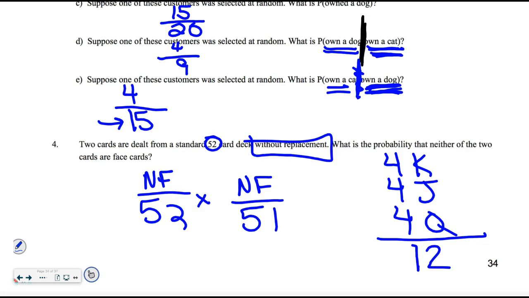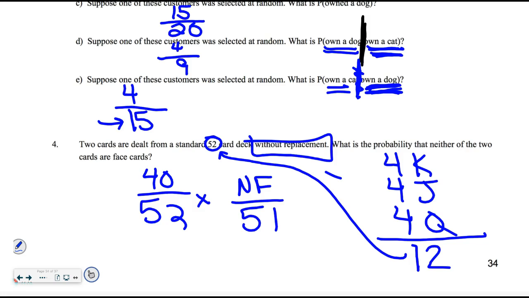That doesn't go on the top here because it said not a face card. So the whole rest of the deck aren't face cards. So what am I going to ask you to do with these two numbers? 52 minus 40. Okay, there are 40 cards that are not face cards, correct?